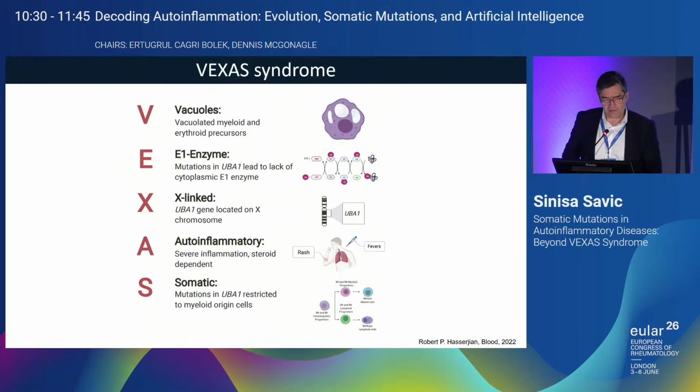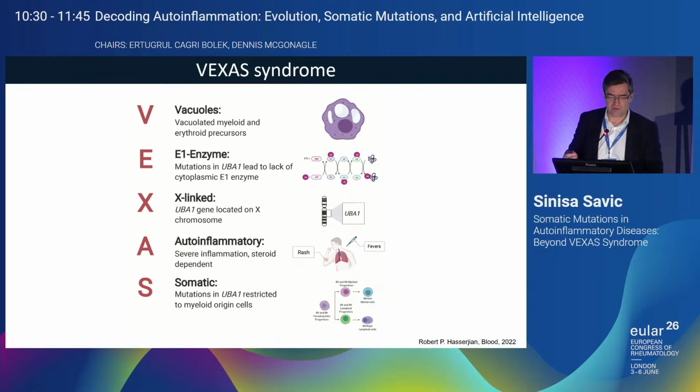But the condition which really brought this home, the concept of changes within the bone marrow and autoinflammation and many of these inflammatory disorders, which finally cemented this concept fully and allowed us to pursue this further, is VEXAS syndrome. VEXAS syndrome was discovered in 2020, and it's a condition due to somatic mutations that affect myeloid cells predominantly.